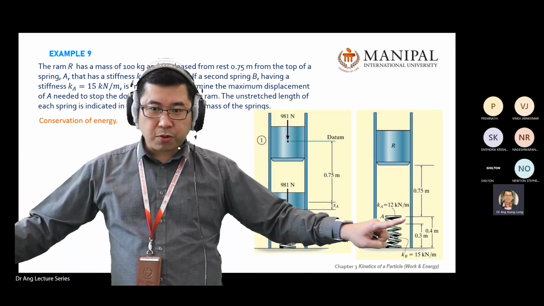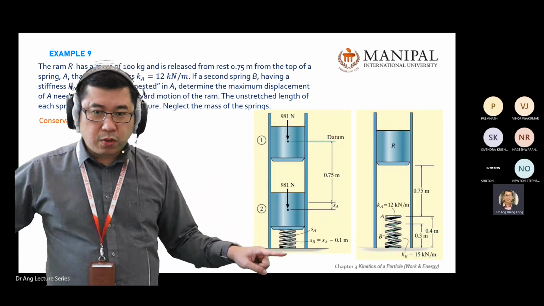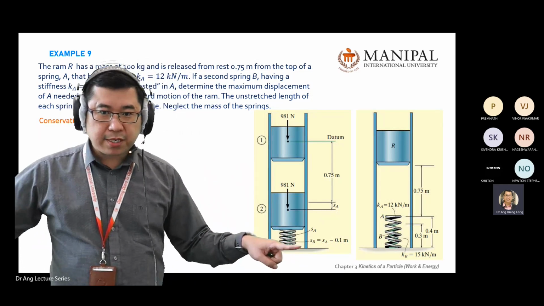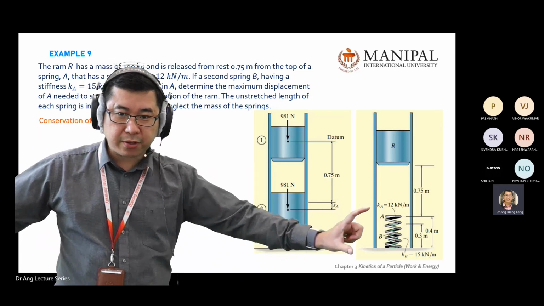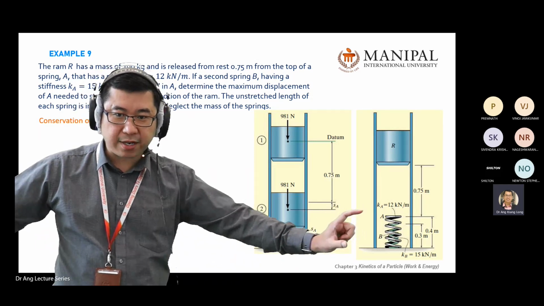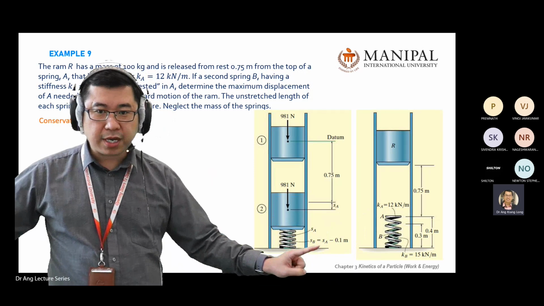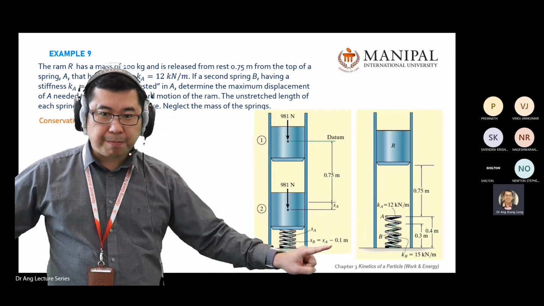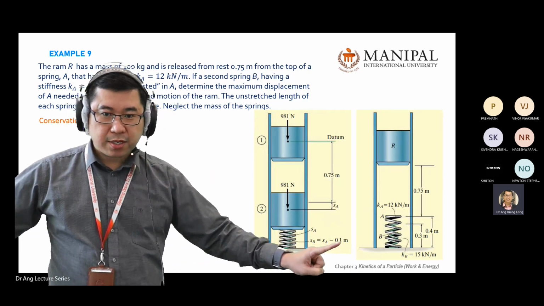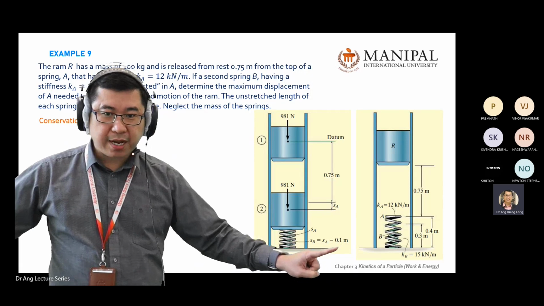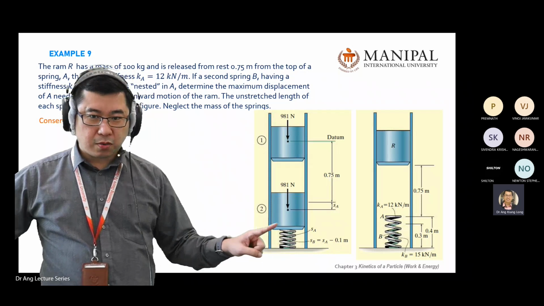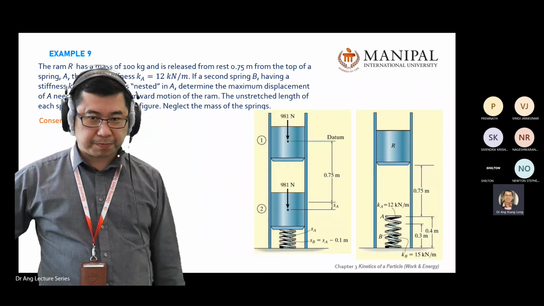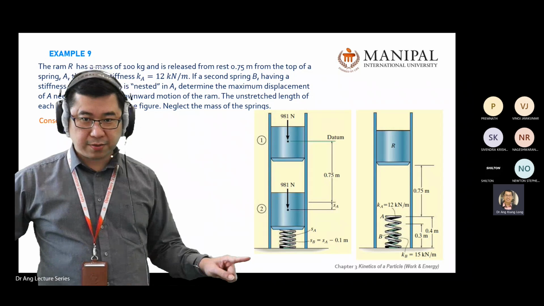So when you want to calculate the displacement of spring B, you're actually using the diagram on the far right here to develop this equation. Displacement of spring A minus 0.1 meter is the current position when the RAM A stops. Does it make sense to you?